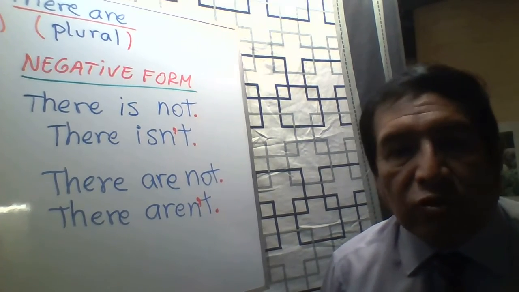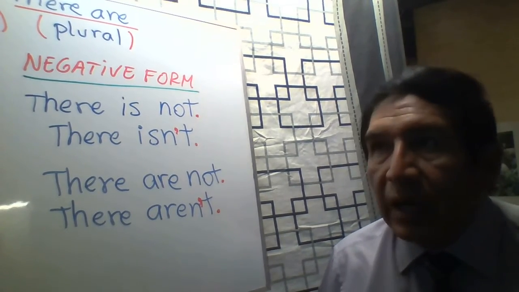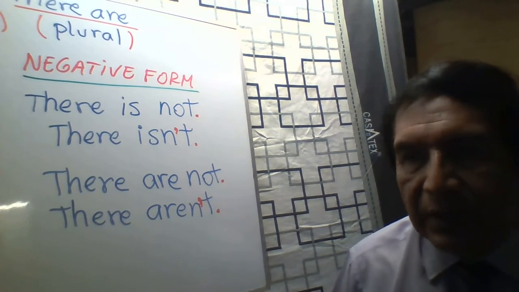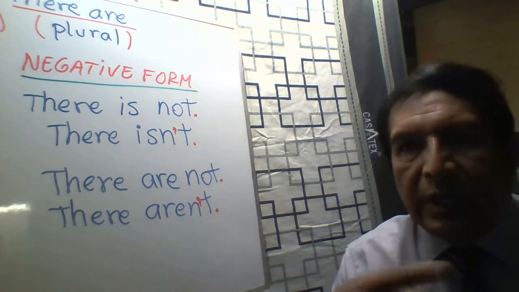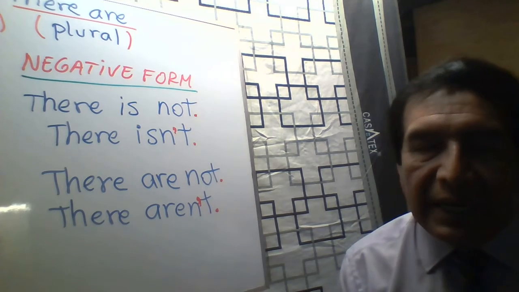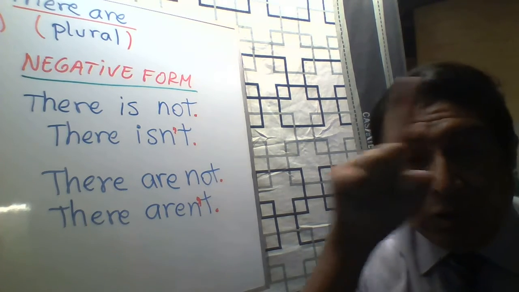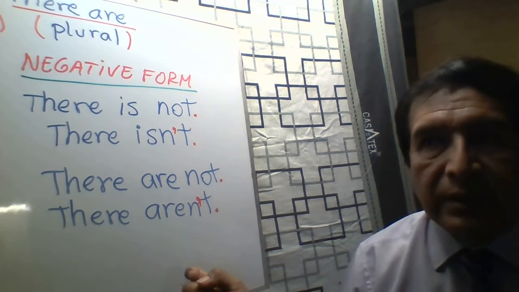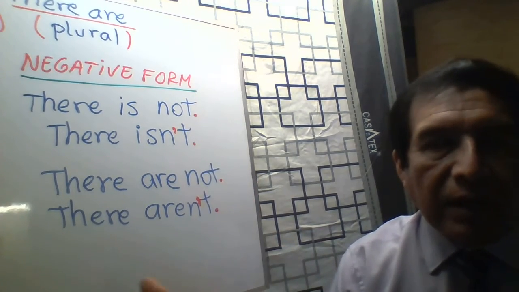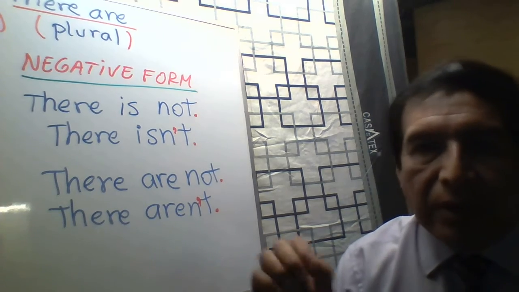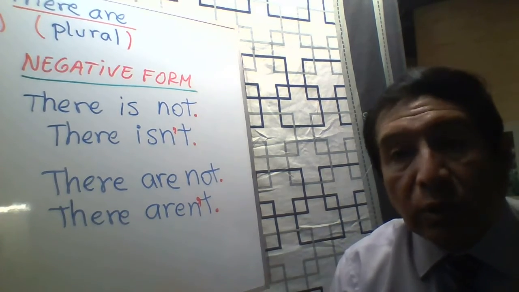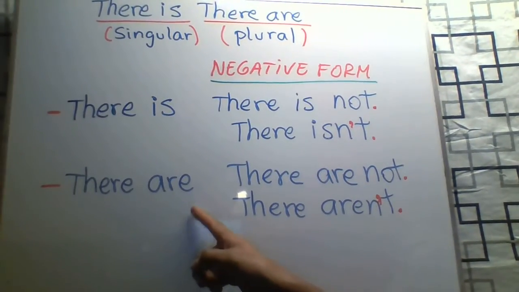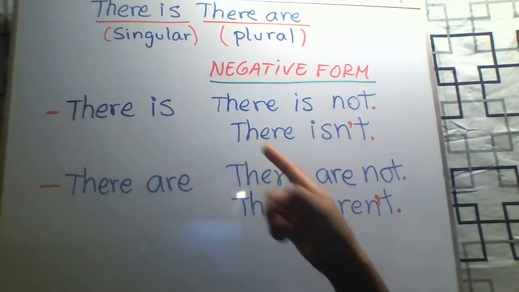Don't forget that. It's very simple. And remember, you use there is or there are to describe what's in any place. For example, in our classroom, there is one door, there is one board, and there are desks, there are books, there are students, because of plural and singular.